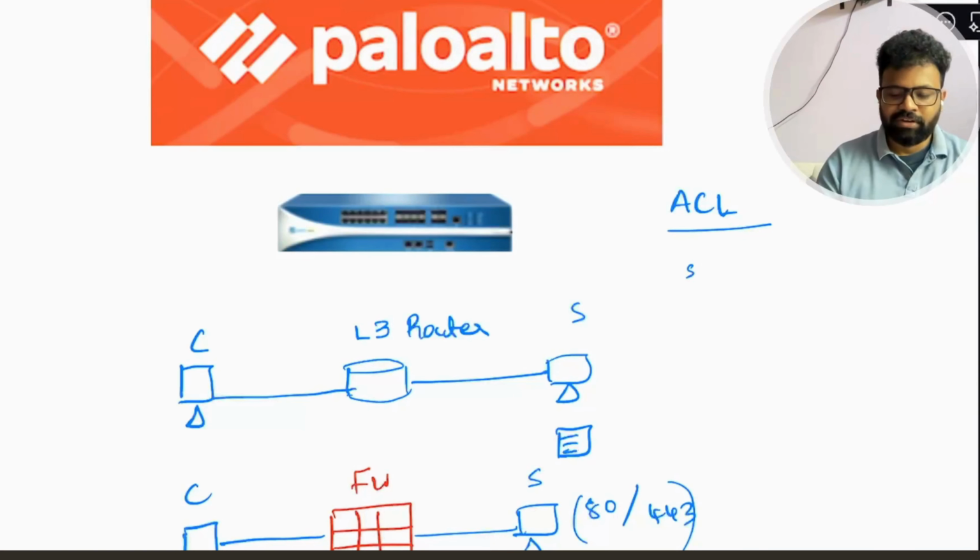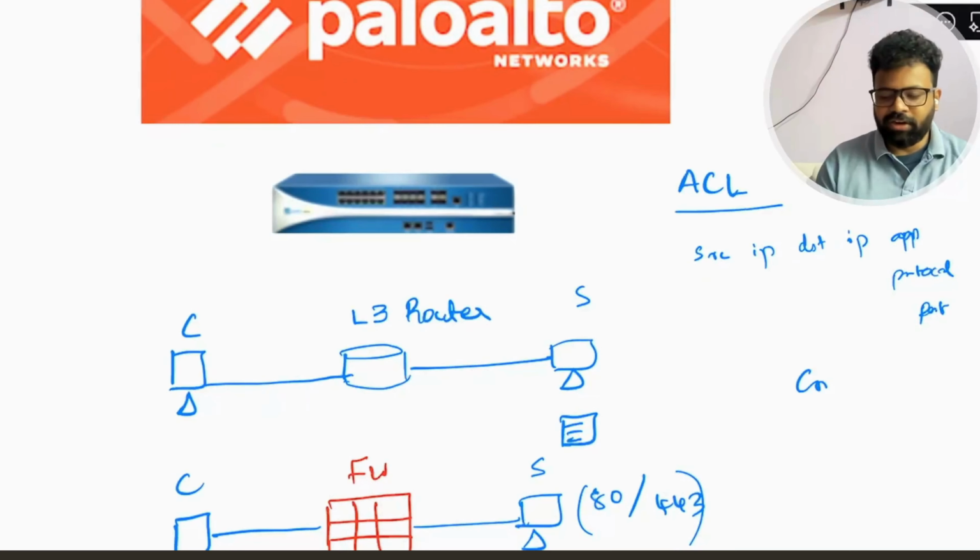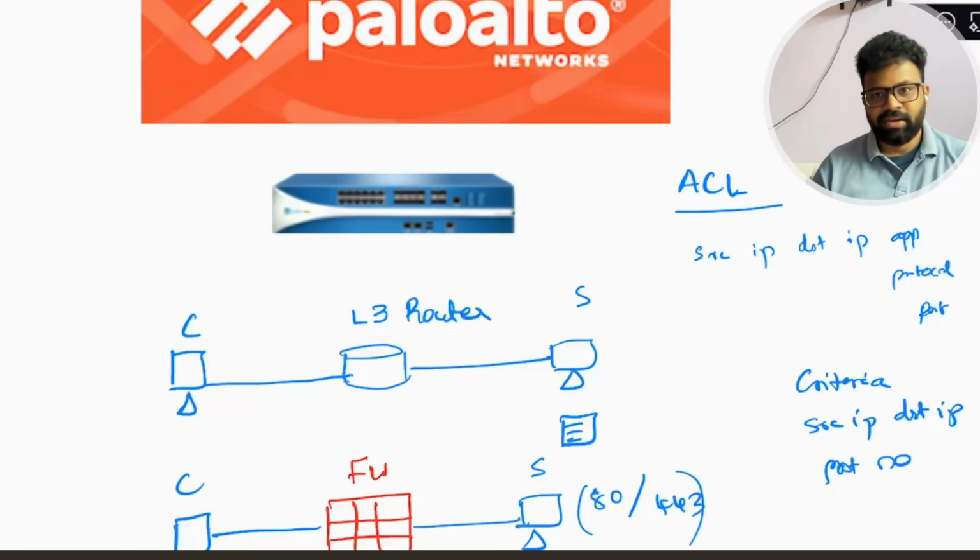You will be writing source IP, destination IP, and then mention the application, the protocol, and the port number. So more often it was based on the criteria of source IP, destination IP, and port number, because traditional firewalls worked on the port number concept. It doesn't even consider the application in the first place.